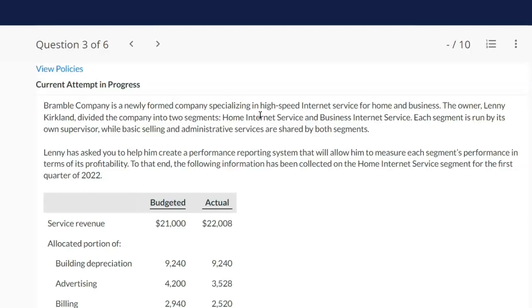Each segment is run by a manager, while basic selling and admin are shared by both segments. Danny has asked you to help him create a performance reporting system that would allow him to measure each segment's performance. To that end, the following information has been collected on home internet segment for the first quarter of 2022.